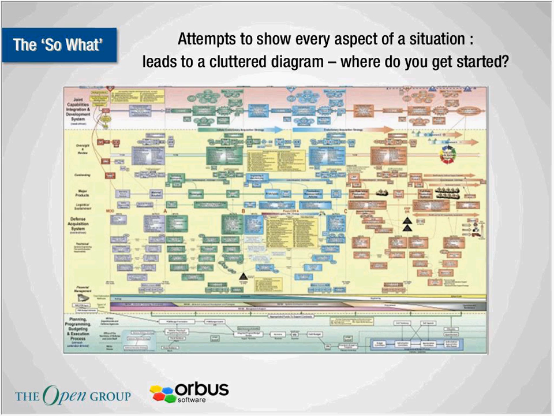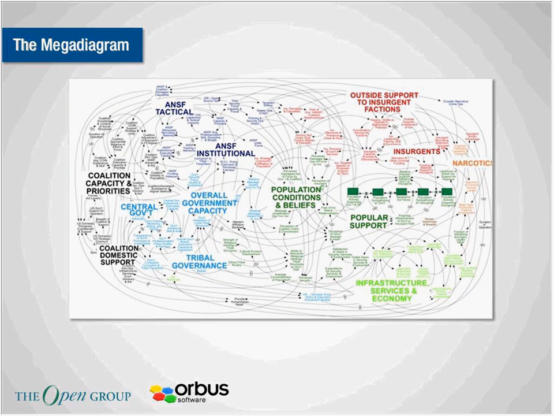The other pattern that I'm going to consider is when you simply get diagrams that are too large. The meta diagram. Against intentions, if you're trying to show every aspect of a situation, you show every level.